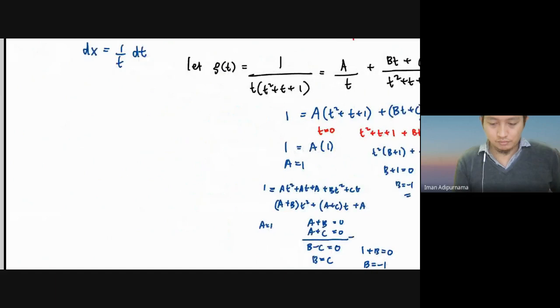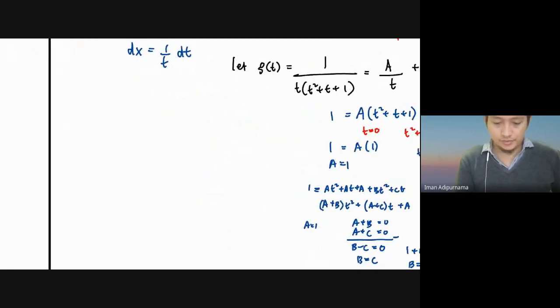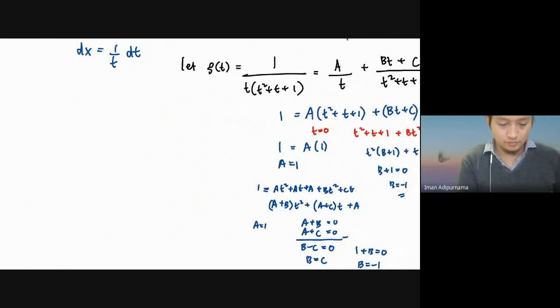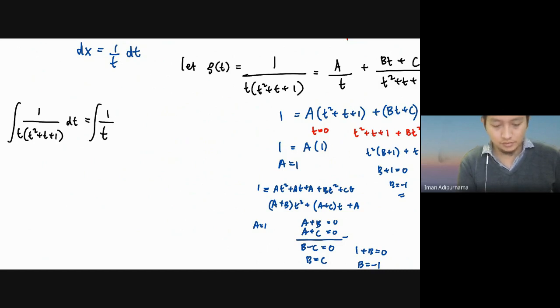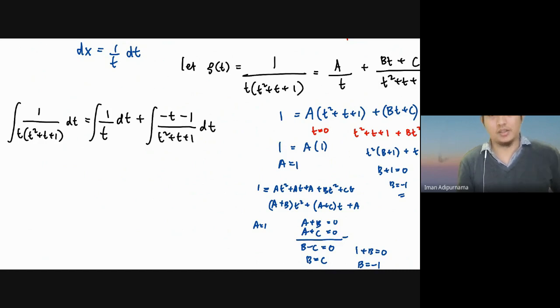Okay, so we are going to have the integral of 1 over t dt plus the integral of negative t minus 1 over t squared plus t plus 1 dt.